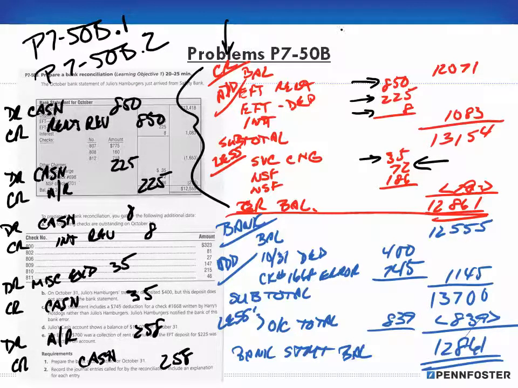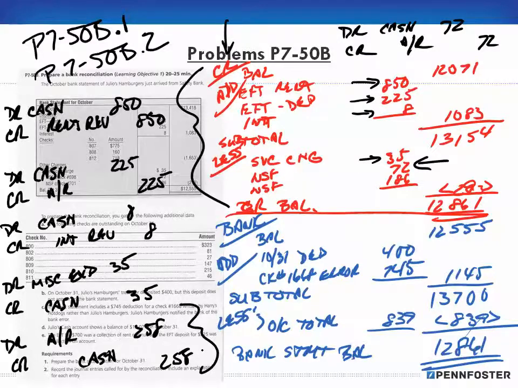When we received the cash, we debited cash for $72, and we credited our accounts receivable for $72. Well, that check bounces, so what are we doing? We're reversing the entry. All right. Now, I could have made two separate entries, and most likely I would have. I would have had one for 72 and one for 186.